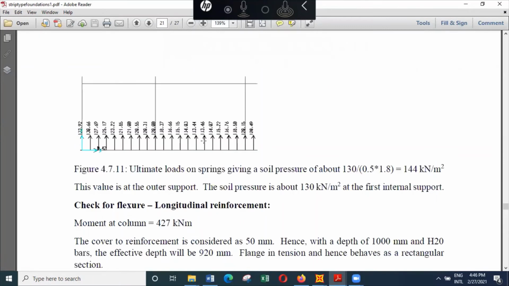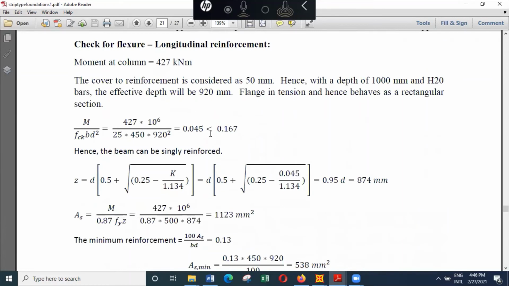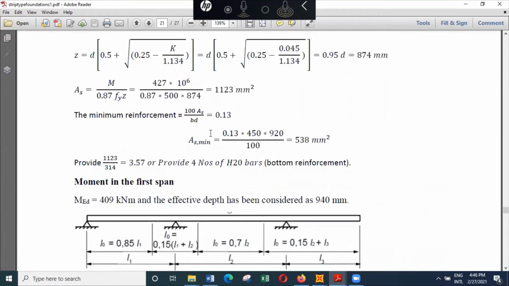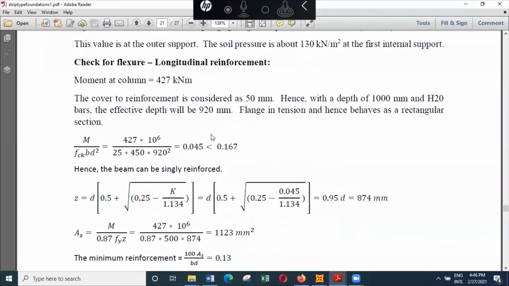So once you have all this information, you can find the reinforcement, check for shear, and all the calculations can be performed. And then you can also check this as we have done earlier.